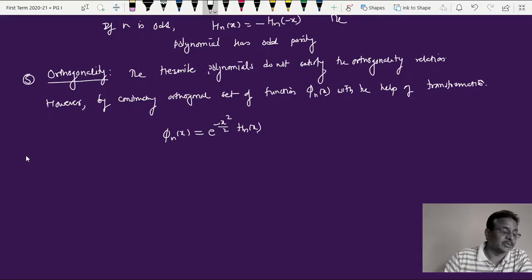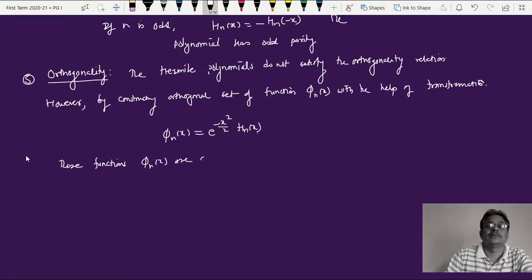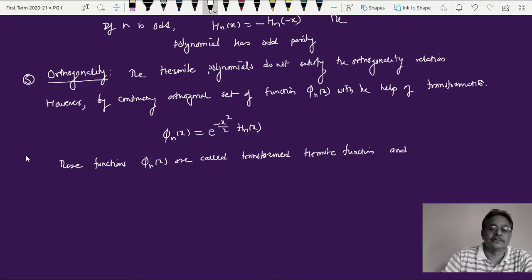So when the function is transformed in this way, then these functions phi n of x are called transformed Hermite functions, and they satisfy orthogonality.